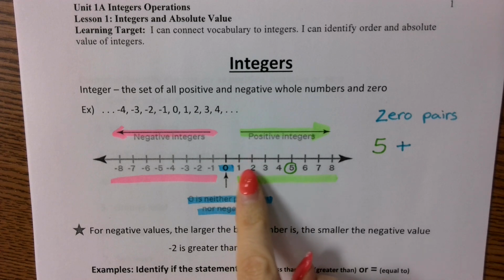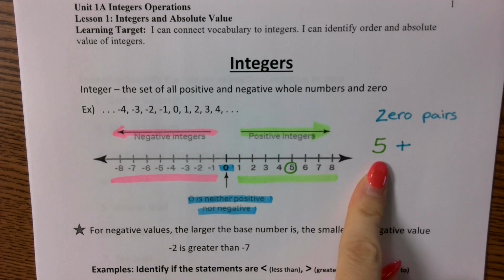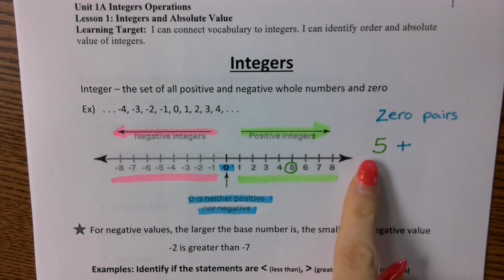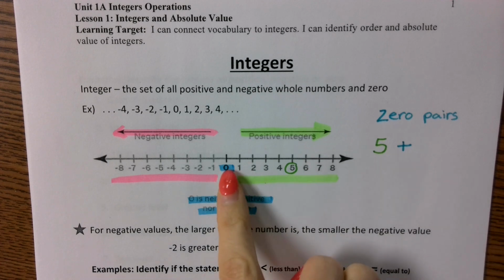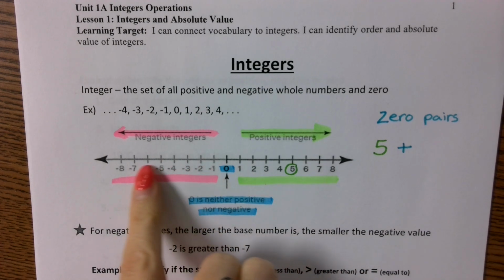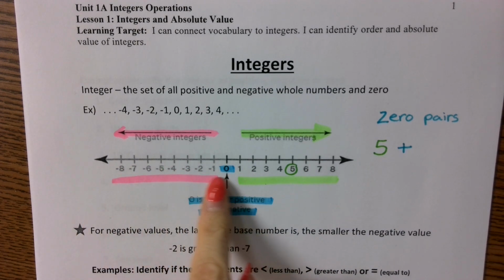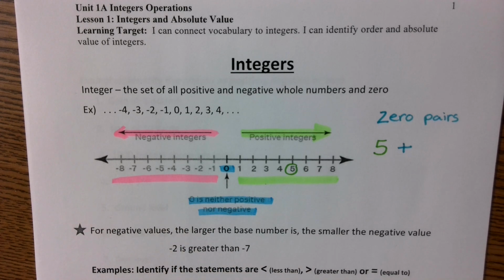First of all, can I add a positive number to 5 and it be a 0? No. If I add a positive number, it's just going to make 5 even bigger. So I want to make 5 smaller, and I want to keep making 5 smaller until it gets to the 0. So that means I have to add it with a negative number. Which negative number up here can I add that'll make a 0? -5.